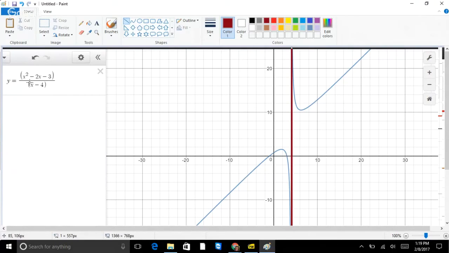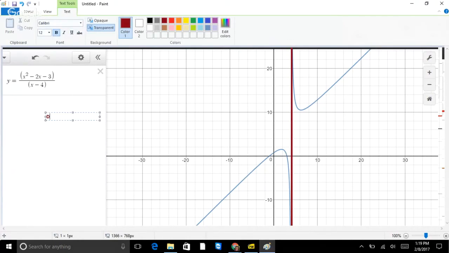And so I go over here, x equals 4, 4 minus 4 is 0. We know that's a no-no to have that in the denominator, so I'm good on my domain, right? My domain is all real except x equals 4. Okay, so that's good.